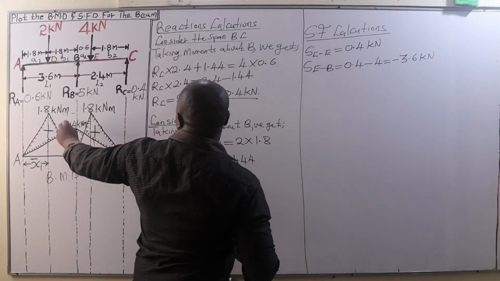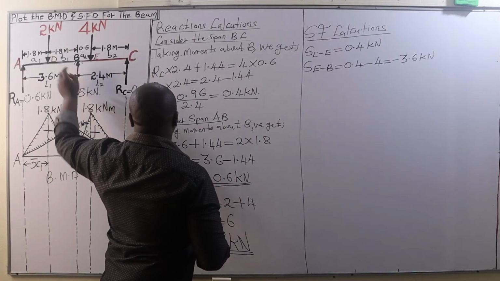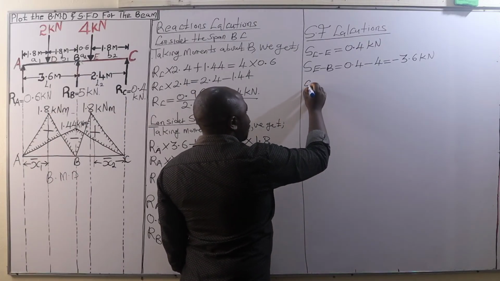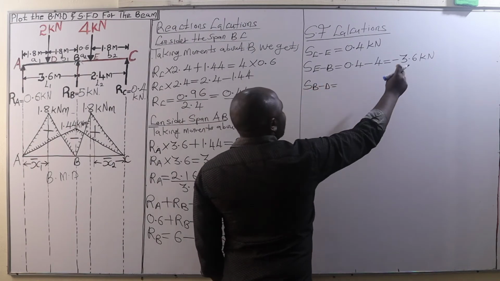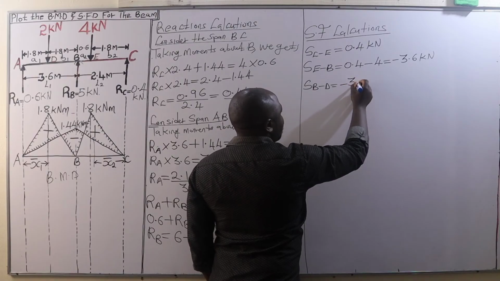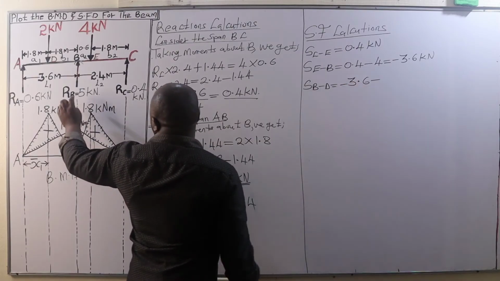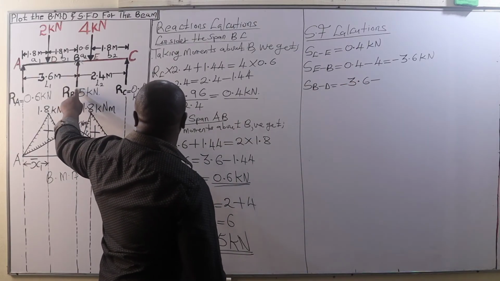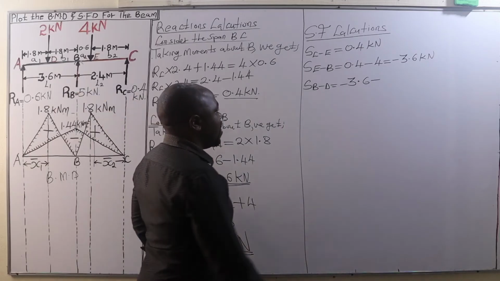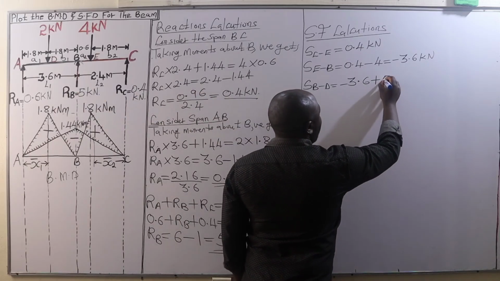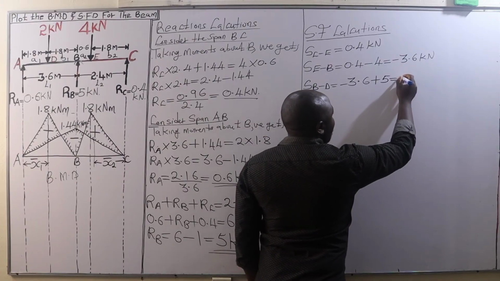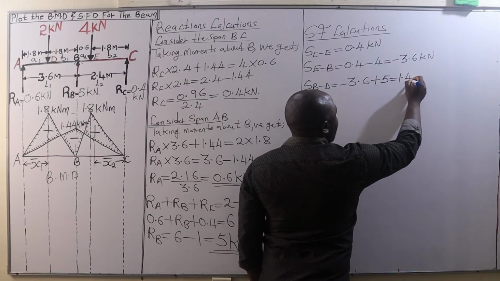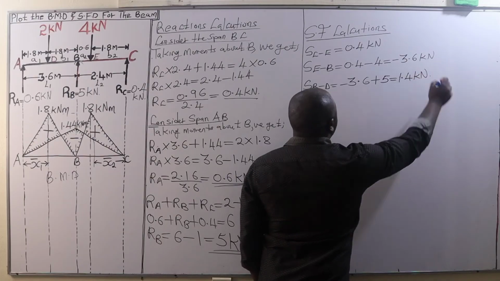Then the next shear force will be the shear force between B and D, which is this negative 3.6 kilonewtons plus 5. That is the reaction at B. So we add negative 3.6 plus 5, and that gives us a positive 1.4 kilonewtons.